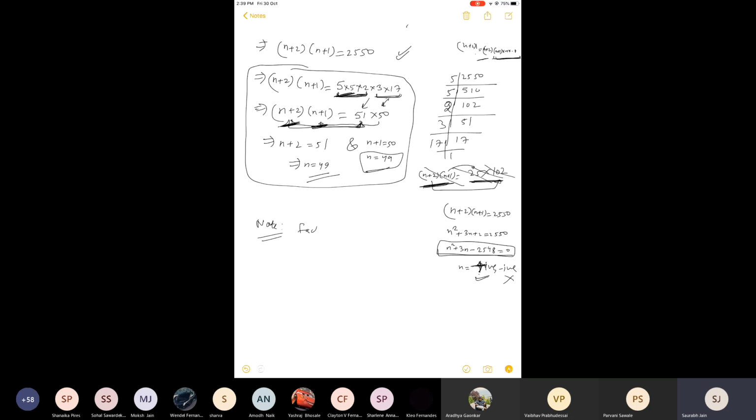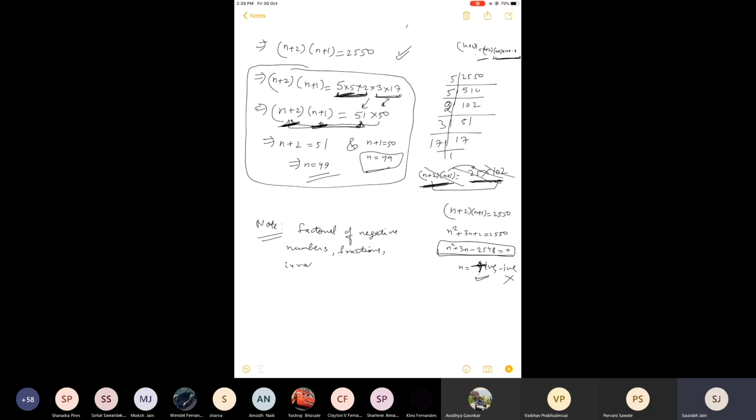Factorials of negative numbers, fractions, square roots, irrational numbers, etc. are not defined.